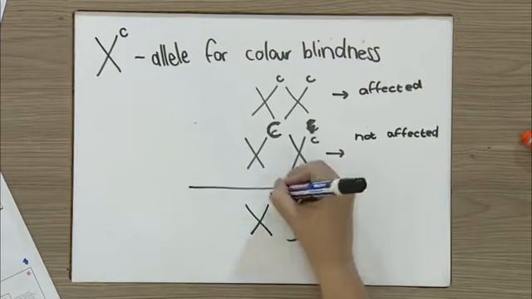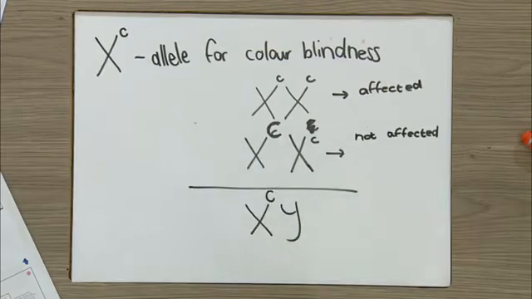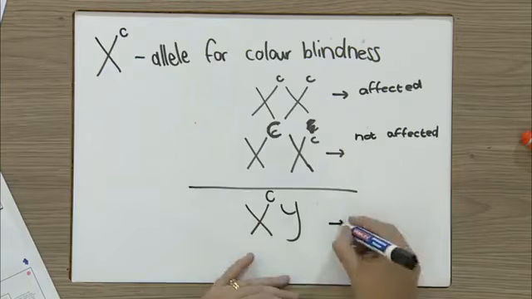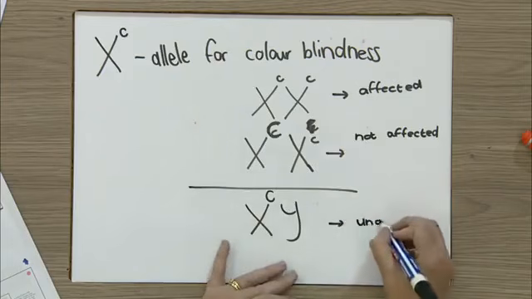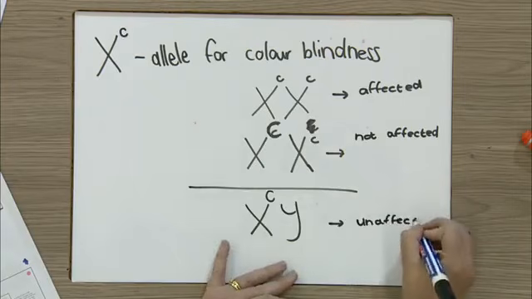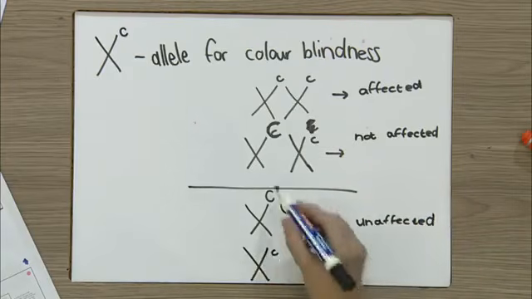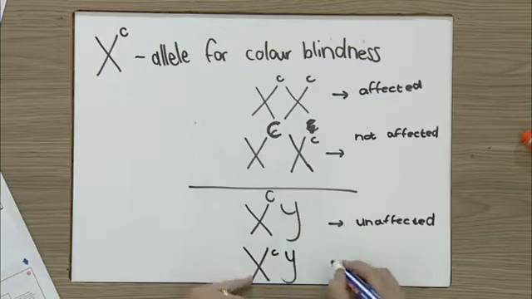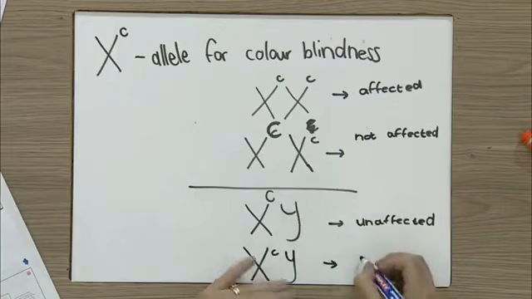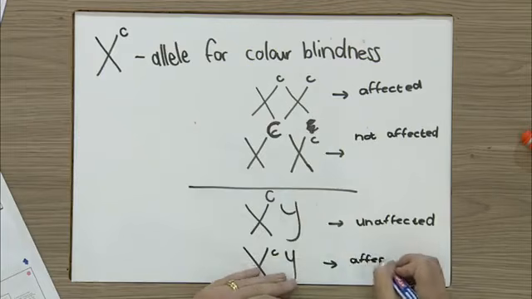If the man inherits the big C allele, the healthy C allele, he would be unaffected. If the man inherits the little c allele, he will be affected.